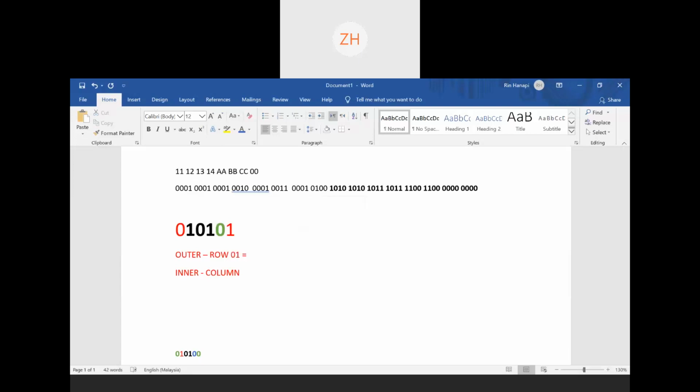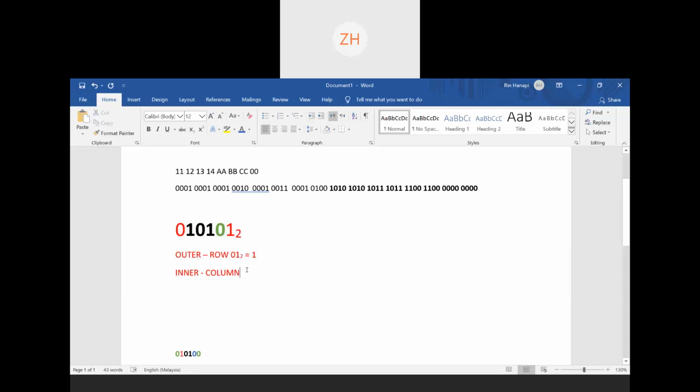What is 0, 1 in decimal? 1, right? This one is in binary. I'm really afraid you don't understand. So the outer part is to read the row, 0, 1, so it's 1 in decimal, right?